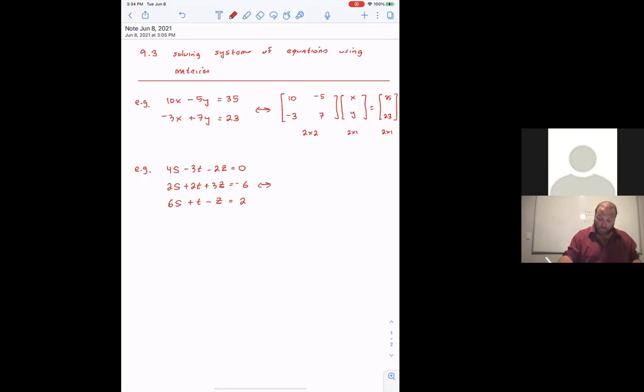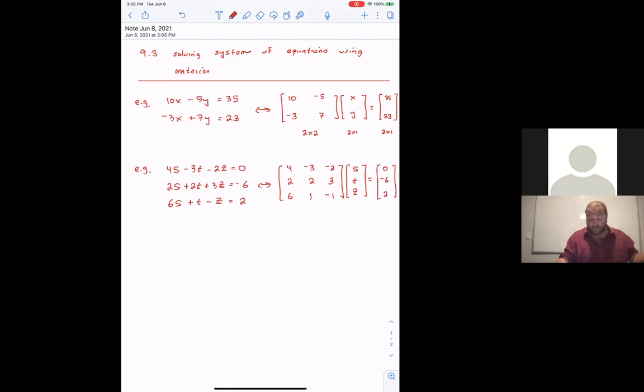These three are equivalent to, and let's see if we can figure out what this is. It's going to be a 3x3 matrix. What are the numbers? 4, negative 3, negative 2, 2, 2, 3, 6, 1, and negative 1. My 3x1 matrix are my unknowns, in this case, s, t, and z. And on the other side, what's it equal to? My three values, 0, negative 6, and 2.